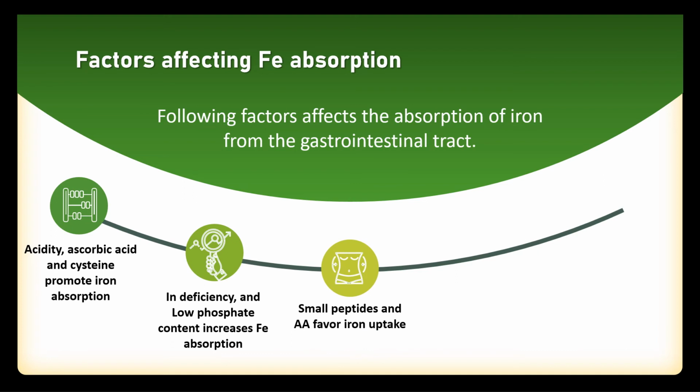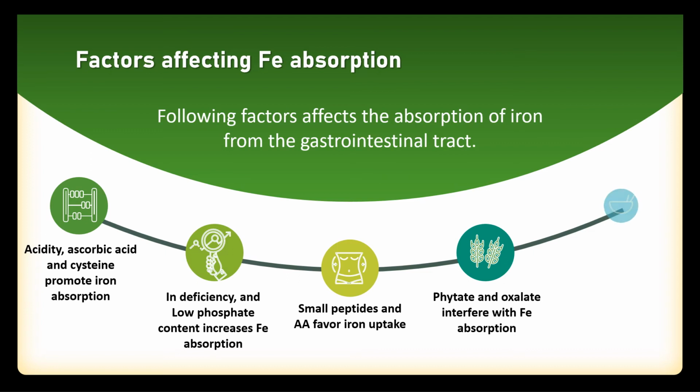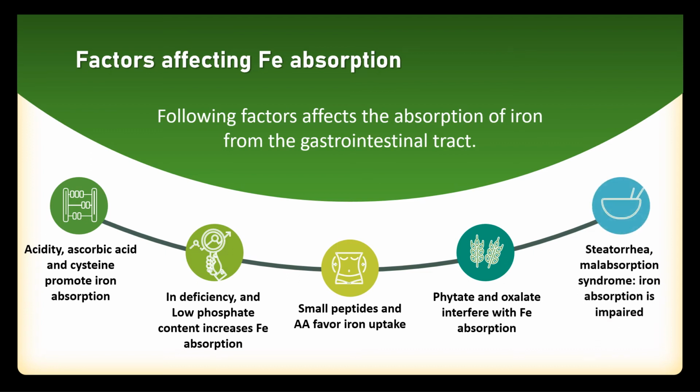The small peptides and the amino acids favor the iron uptake. Phytates and oxalates present inside the food interfere with the iron absorption, and steatorrhea is one of the malabsorption syndromes which affect the iron absorption.